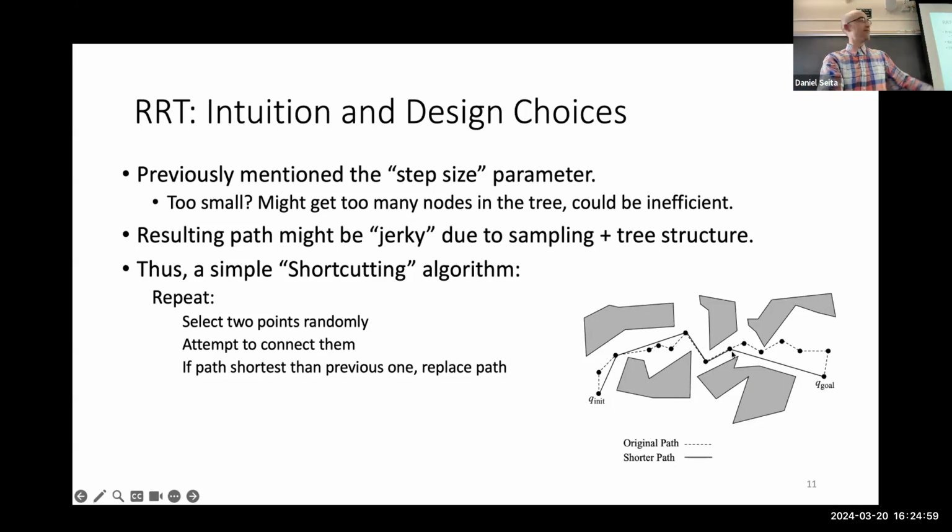I mentioned this figure at the end of last class, where you have your original path in a dashed line, and then you select two points at random and try to connect them. This example doesn't actually look smoother, but it makes the path use fewer vertices.